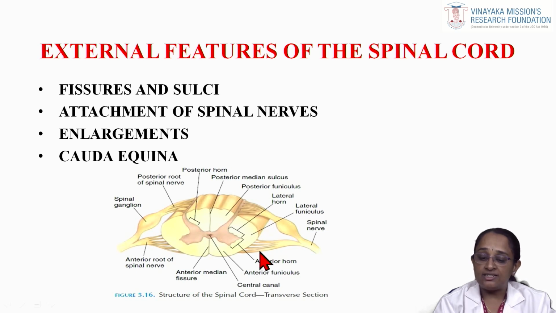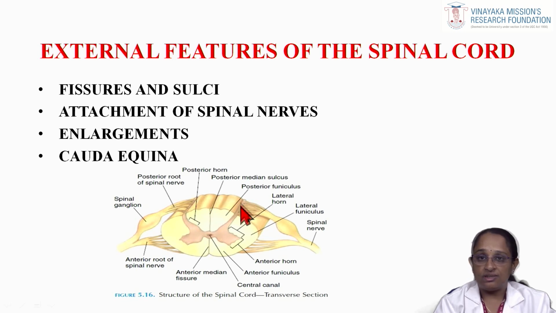Where the anterior root arises, we can see one sulcus, that is called the anterolateral sulcus. Where the posterior root arises, we say it as the posterolateral sulcus. So we can see three sulci in a spinal cord. Posteriorly you can see a sulcus called the posteromedian sulcus.